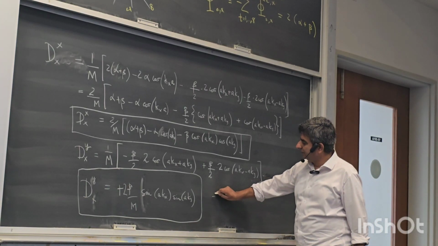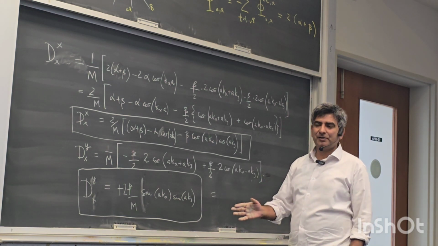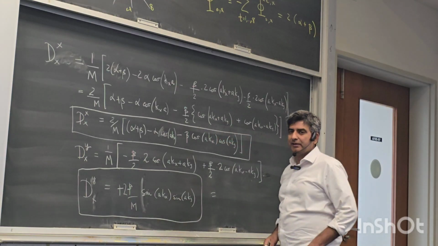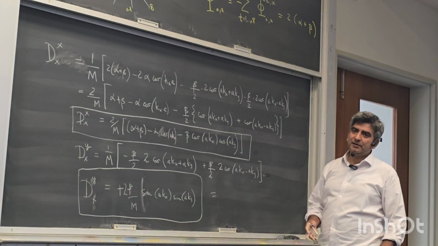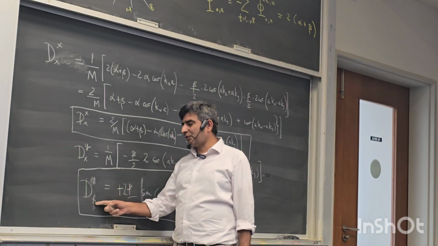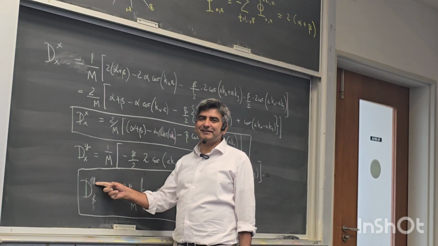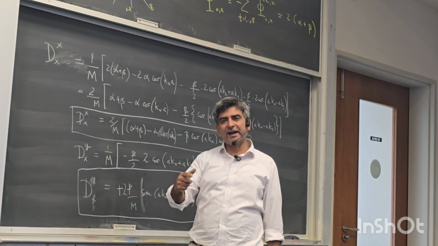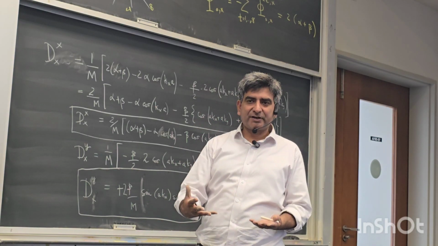By the way, I need 4 elements in the dynamical matrix. I now need a second row. Now if this is dyx, what should be dxy? It should really be the same, because this in effect is the force on an atom along x when another atom moves along y. That will be the same as the force on an atom along y when the other atom moves along x. It's symmetric.